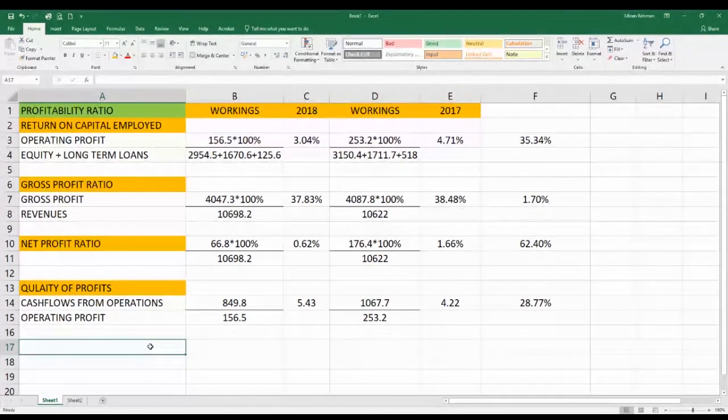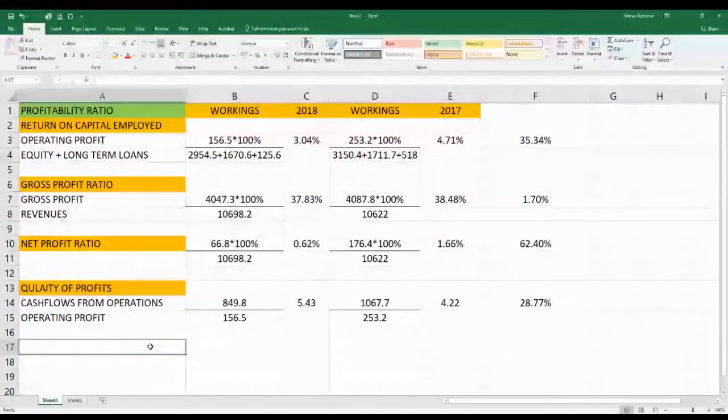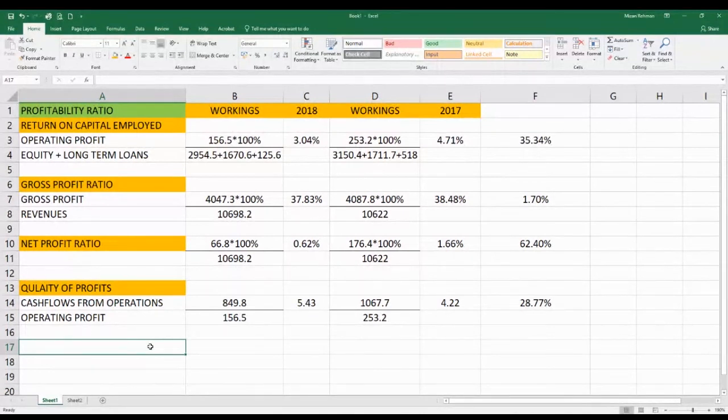However, the gross profit ratio is still stable, and the quality of profit ratio has increased, which is quite, well, to be honest, for a retailer, quality of profit is not a significant ratio. So when I am assessing a retailer's profitability ratio, I would ignore this ratio. However, the other three ratios are significant, and they're not showing up.